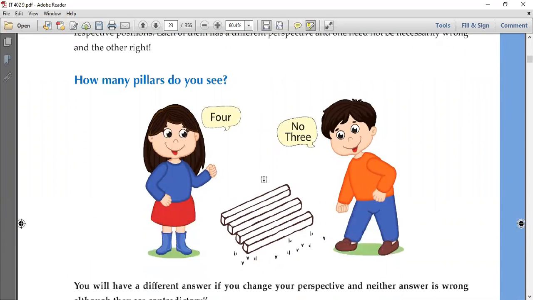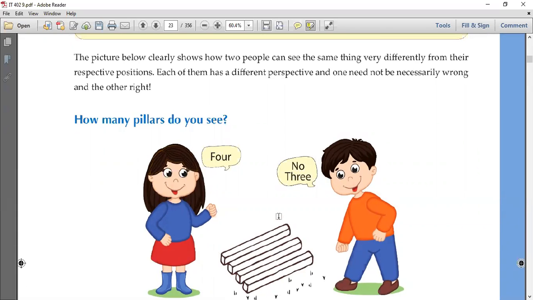If you see this figure, in this figure this girl is saying there are four different sticks, but from this side you will see there are only three, right? So both of them have a different perspective. The girl's perspective is that there are four rods here, and the boy says that there are three over here, right?